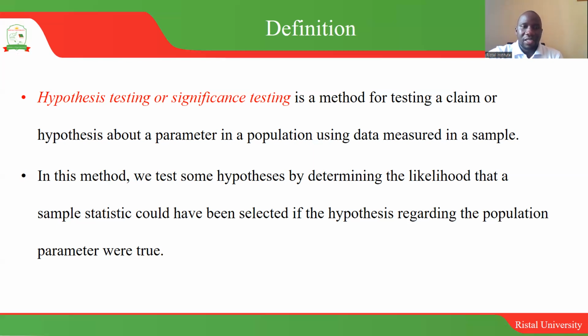Okay, so basically, we make statements that we can test through our samples, and then now conclude about the population based on what we get from the samples. Okay, so we are testing whether a given claim is actually true or false based on what we get from a sample.